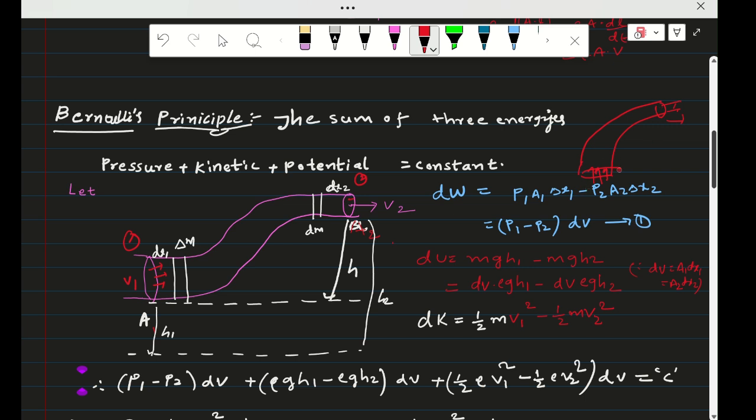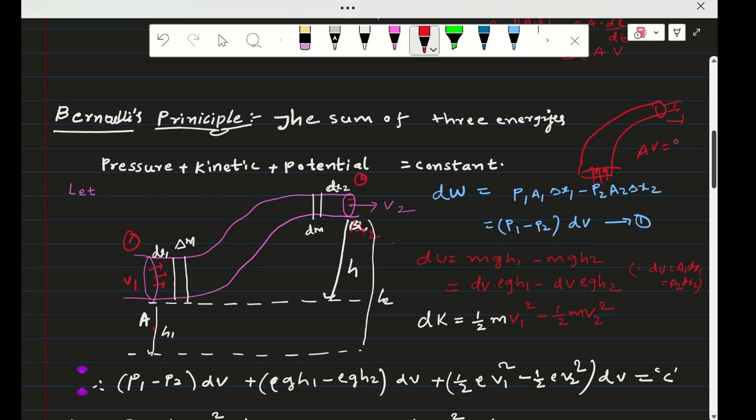The two cross sections are different, so the speed of the flow or fluid will automatically be different. At one place V1 and at another place V2. It is very clear that according to the equation of continuity, the rate of flow, the amount of flow, is constant.